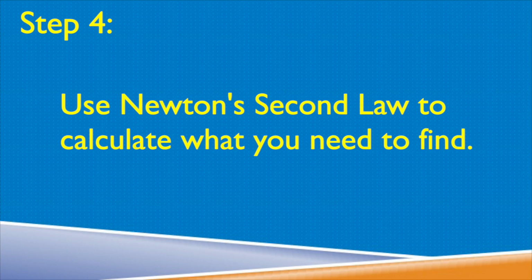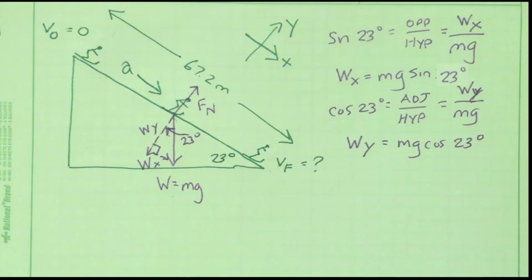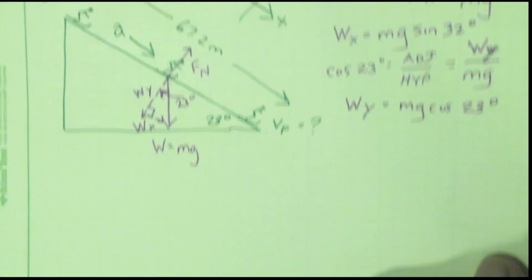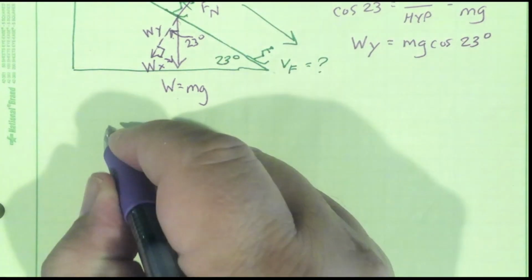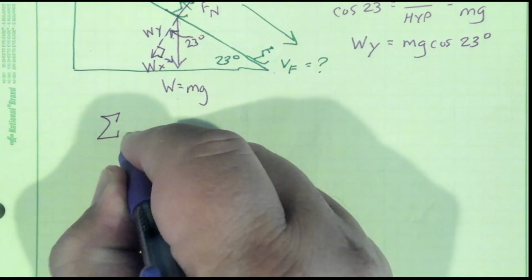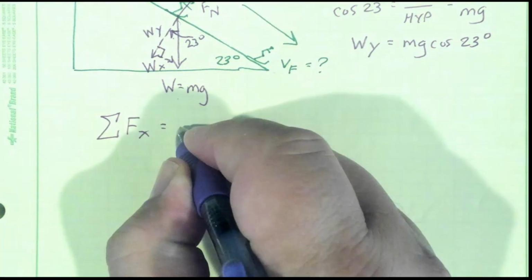And now we are ready to use Newton's second law to find out what we need to find out. Right, and so we have here the 2 parts of Newton's second law. Remember, since force is a vector quantity, Newton's second law is really 2 equations.